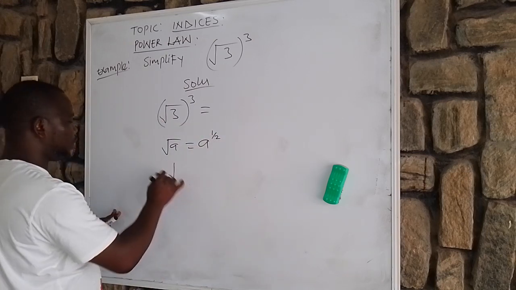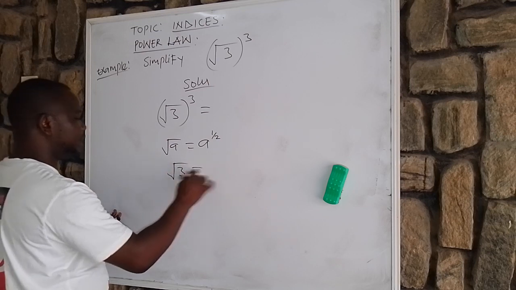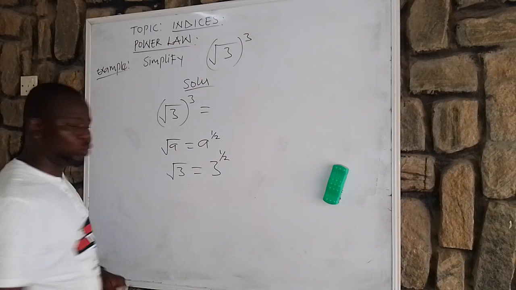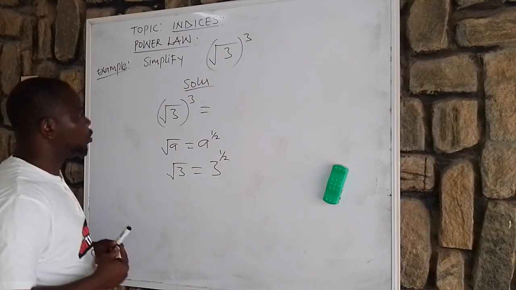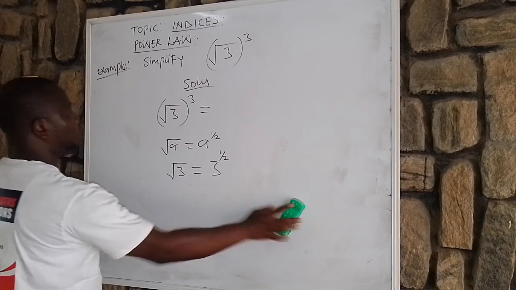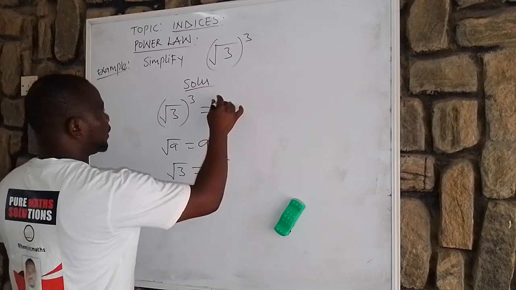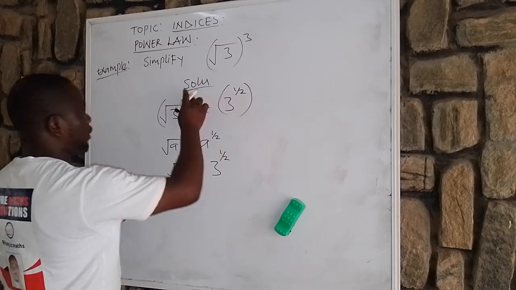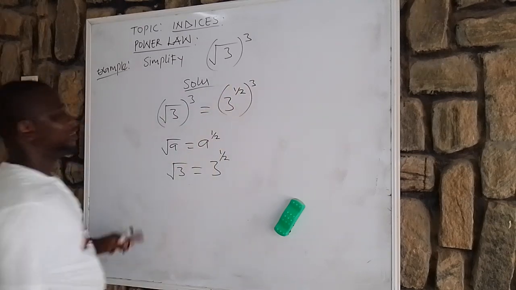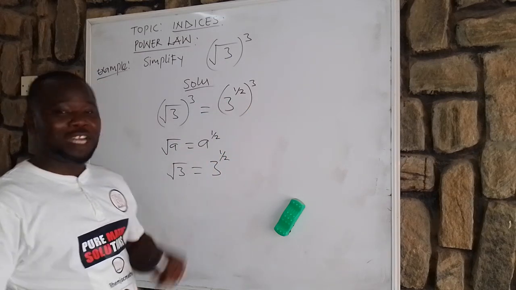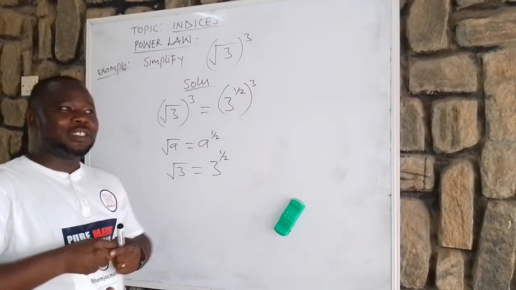So if we have the square root of 3, this is still the same as 3 raised to the power of 1 all over 2. True or false? It's true. So we have to simplify this way. So we can now write 3 raised to the power of 1 all over 2, close bracket, raised to the power of 3.